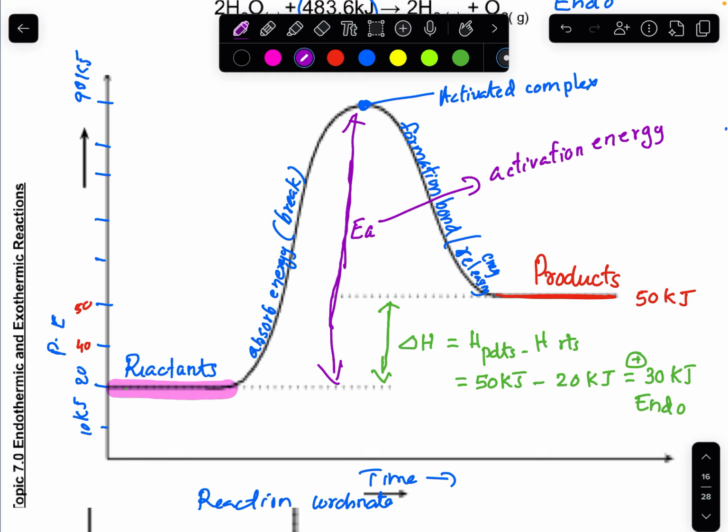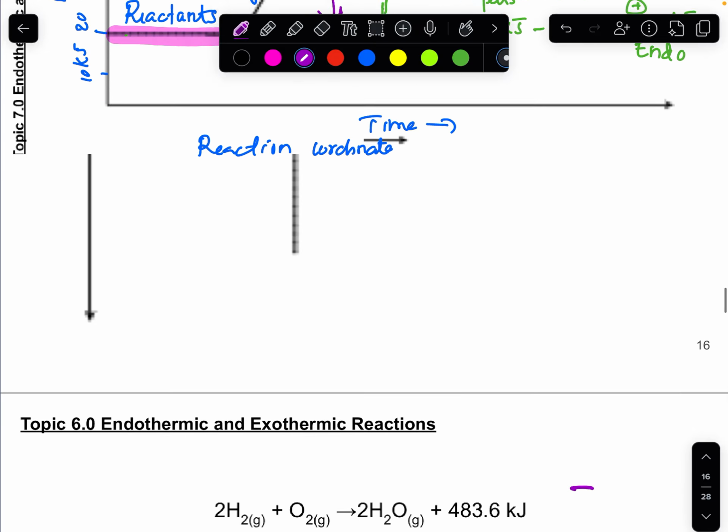The higher the activation energy, the slower the reaction will be. So here, the activated complex has an energy of 90 kilojoule minus the reactants' energy of 20 kilojoule. So the activation energy, which will always be positive, is 70 kilojoule. This is the labeling of the potential energy diagram for an endothermic reaction.